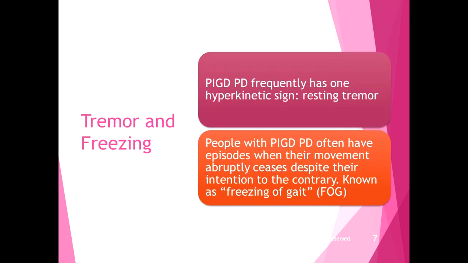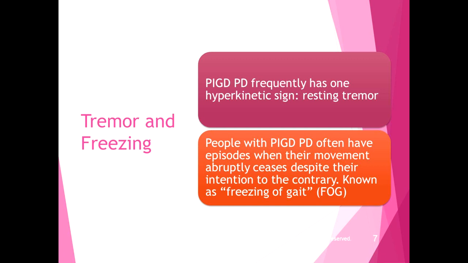With tremor and freezing, the resting tremor is a hyperkinetic sign, but that frequently shows up with the akinetic Parkinson's. People with akinetic Parkinson's often have episodes when their movement abruptly ceases despite the fact that they're trying to do something else, known as freezing of gait.